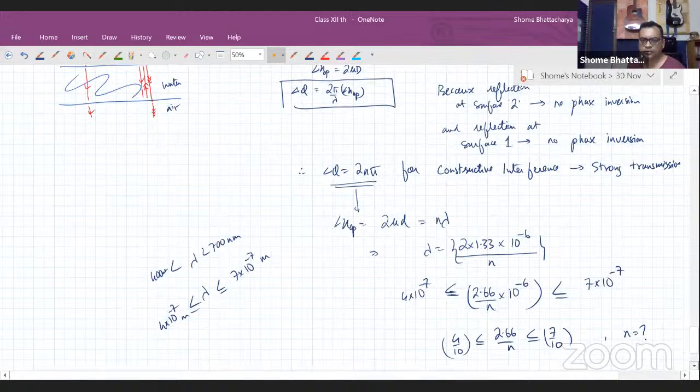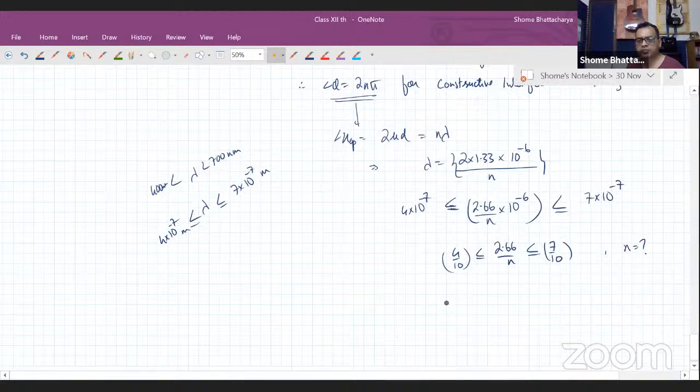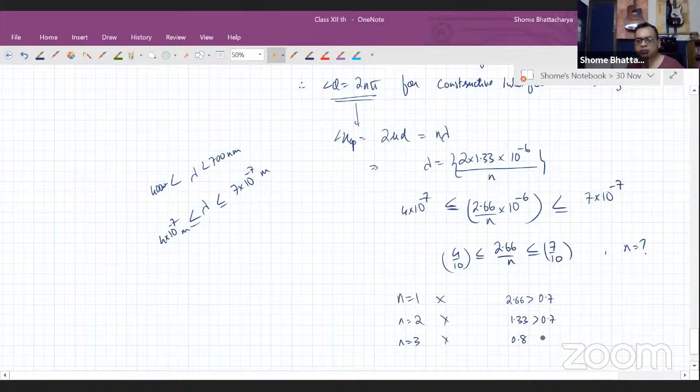So you see that if you take n equal to 1, obviously it doesn't fit the case, because 2.66 is greater than 0.7. If you take n equal to 2, also it doesn't fit the case because 1.33 is greater than 0.7. If you take n equal to 3, also it doesn't fit because you get 0.89 something, so that is greater than 0.7.